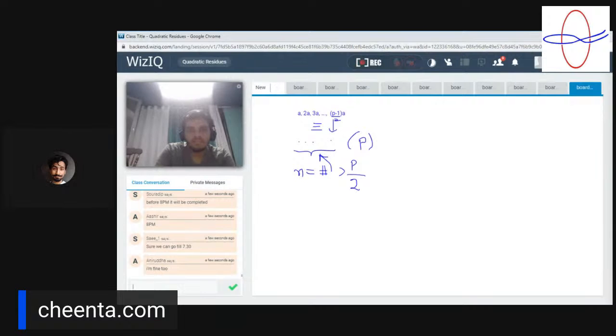Then we have a by p equal to minus 1 raised to n.